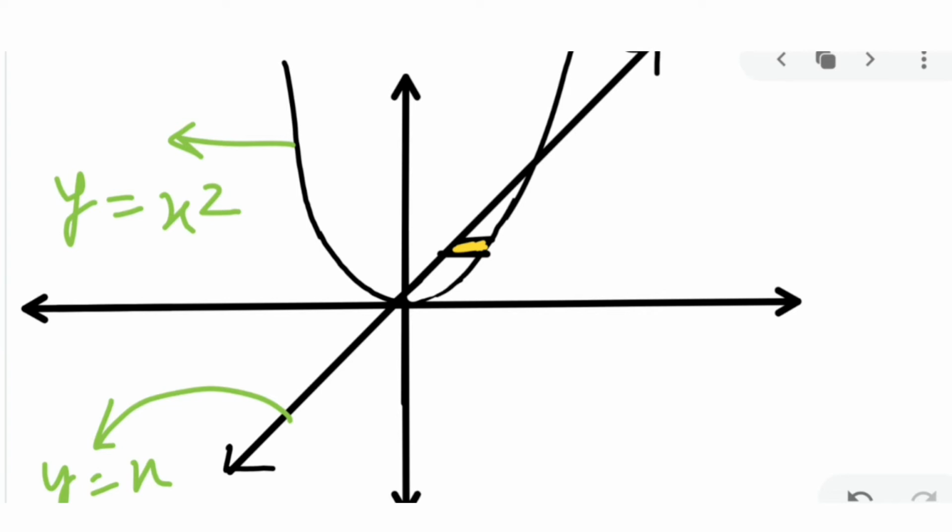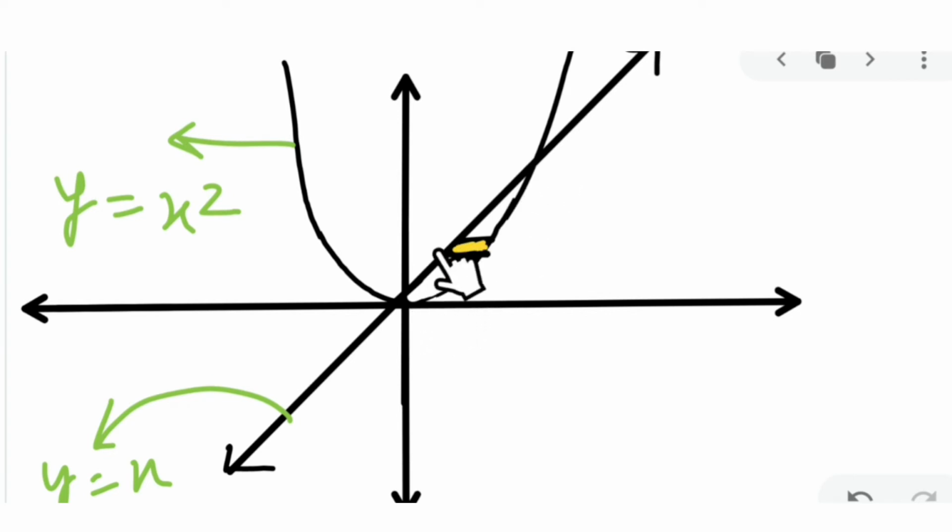From the graph we can see that the horizontal strip is first touching the y equals x graph. From this equation we will get the lower limit, and then the horizontal strip is touching the y equals x square graph. So the upper limit will be from the equation y equals x square.